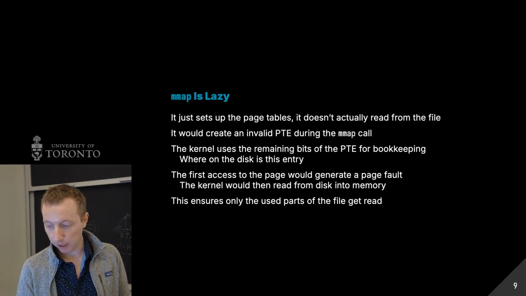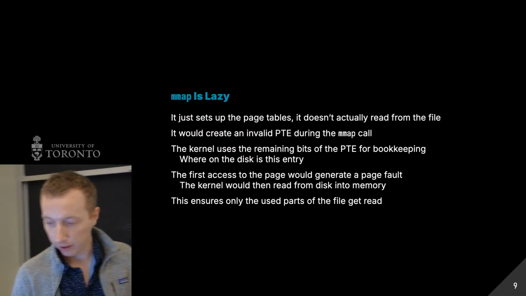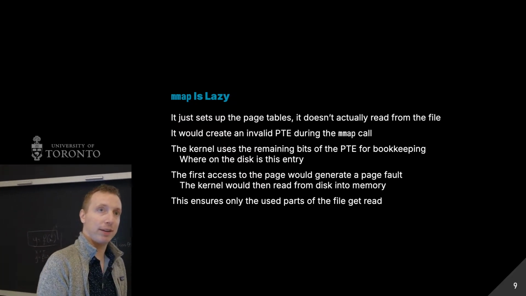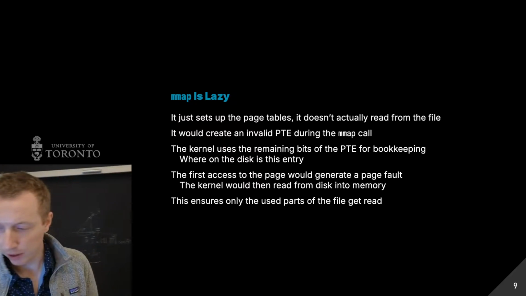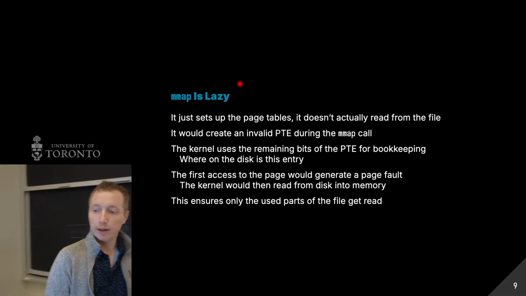So the remaining bits can be for bookkeeping. Where on disk is this entry? The valid bit's only 1, so it has 63 bits to play with. So you can see how they format it, but it's really not that important.